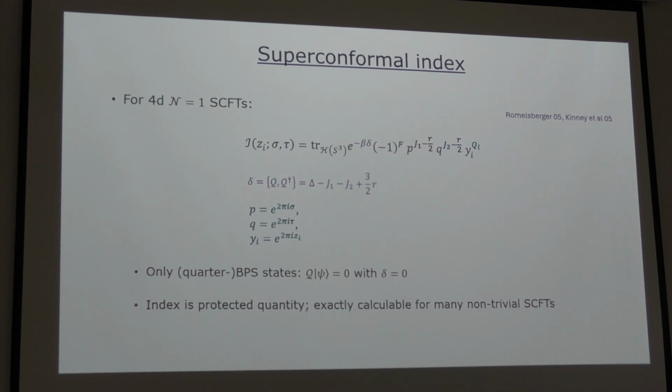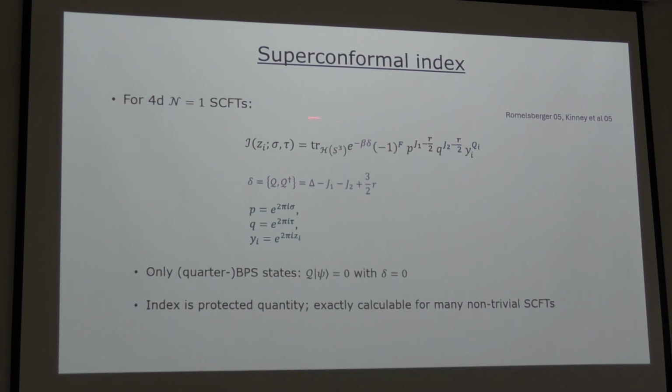It's some anticommutator of a supercharge and its conjugate that can be expressed in terms of the bosonic charges, the scaling dimension, and the two independent angular momenta, in the following way. So R here is the generator of the R-symmetry.